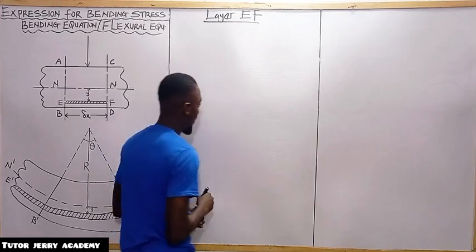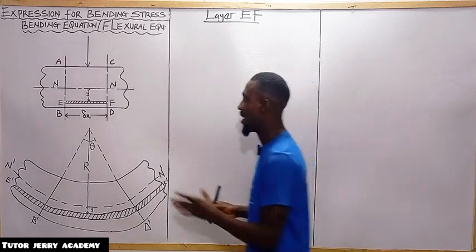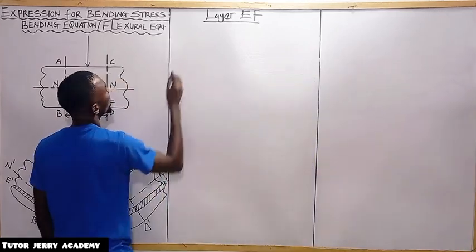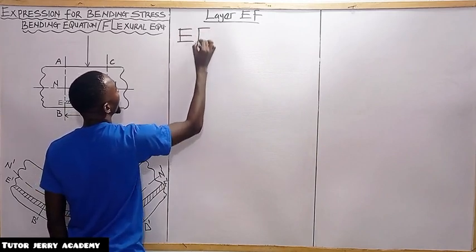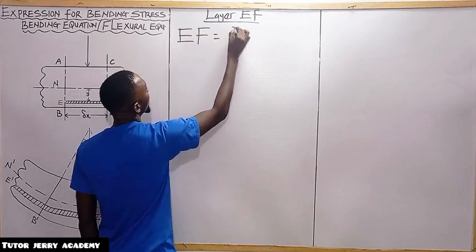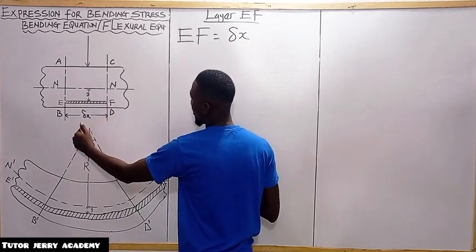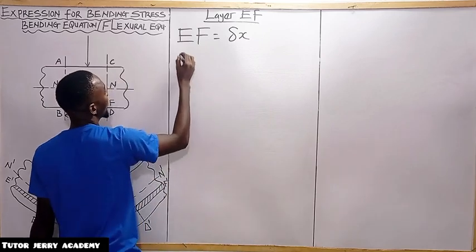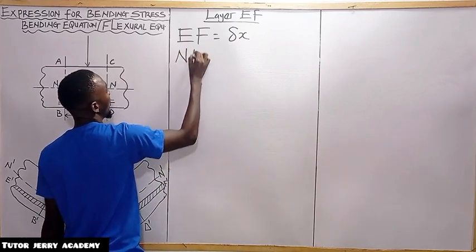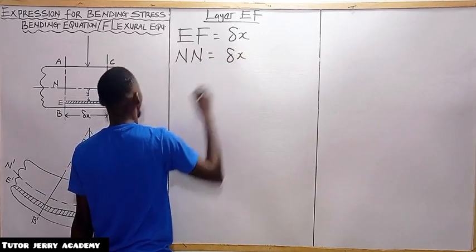If you consider layer EF, you are going to observe that EF is equal to ds, and likewise our neutral layer NN is also equal to ds.